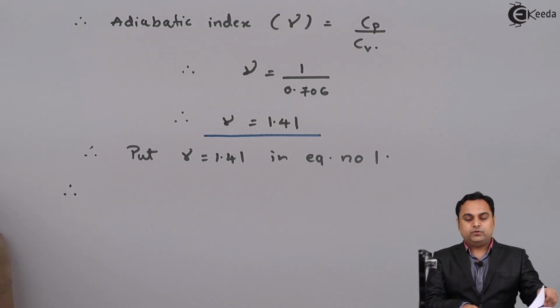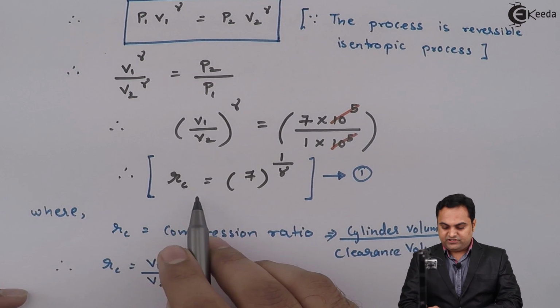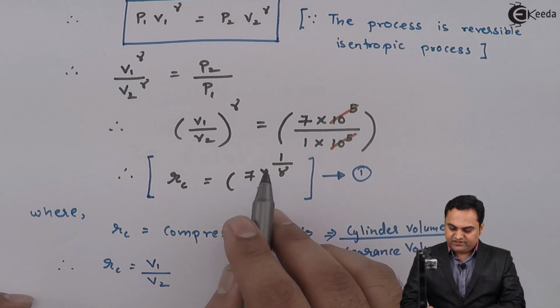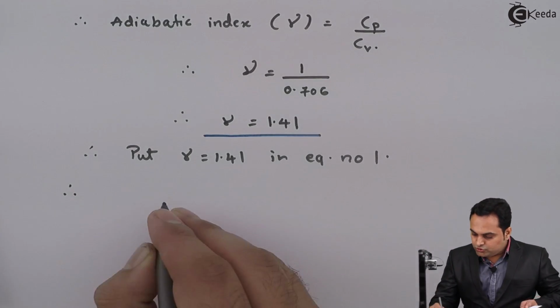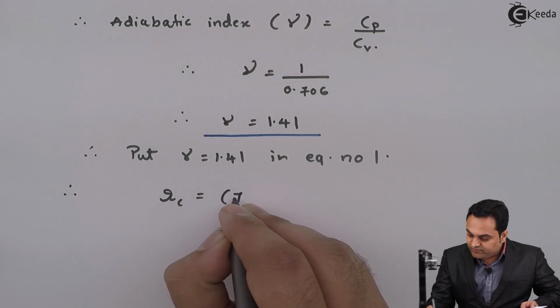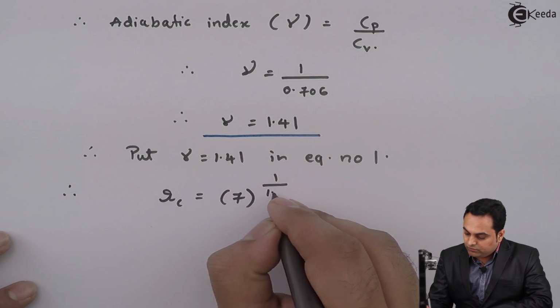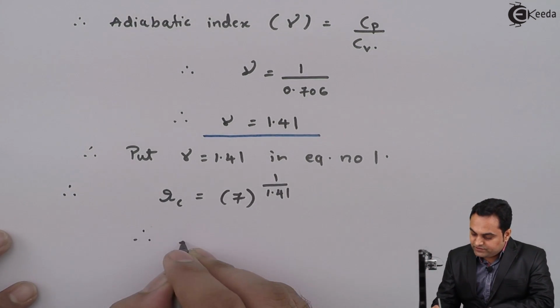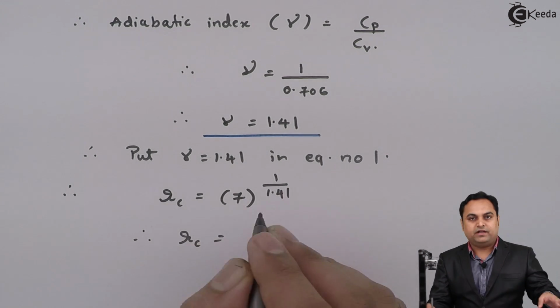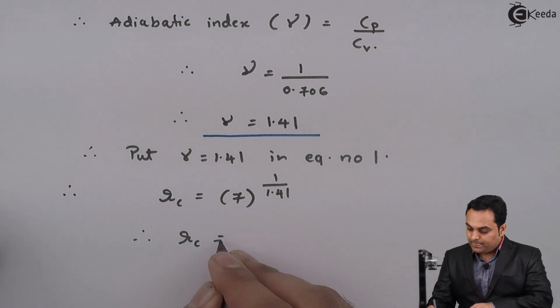Therefore in equation 1 we had R suffix C is equal to 7 raised to the power 1 upon gamma, and gamma is 1.41. From this, on calculation, I get the value of RC, and my answer is 3.975.